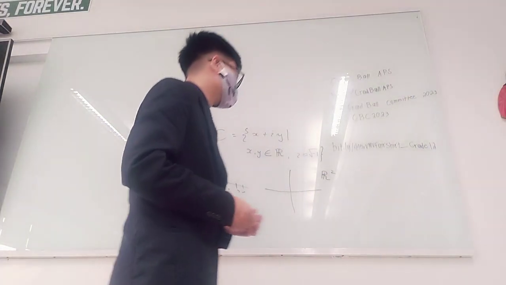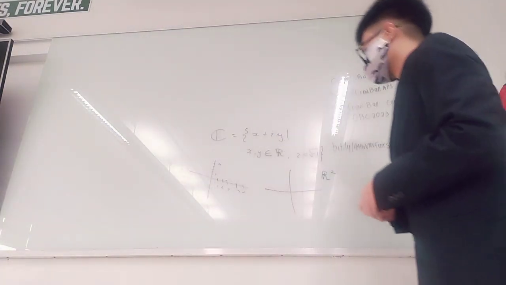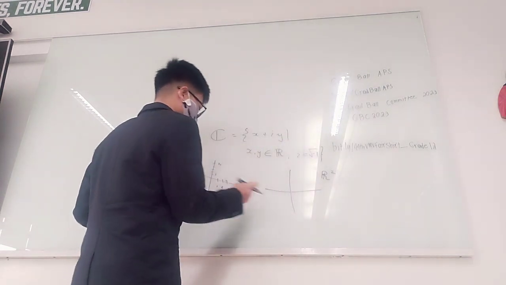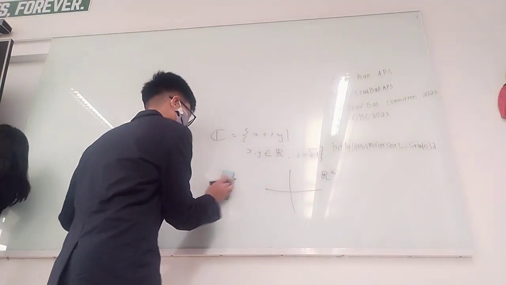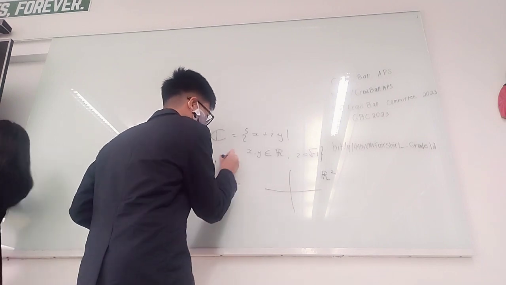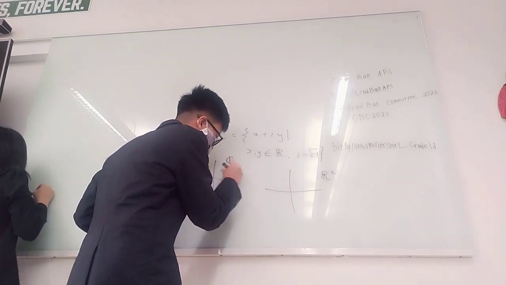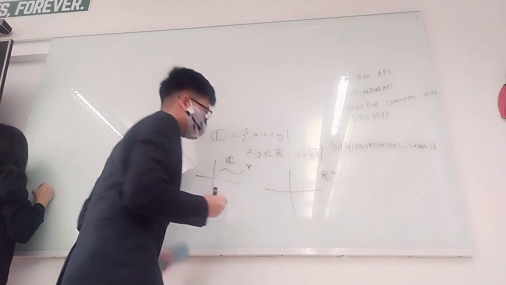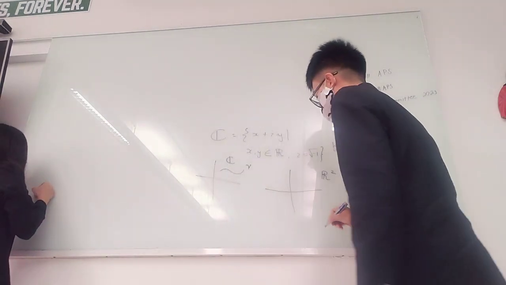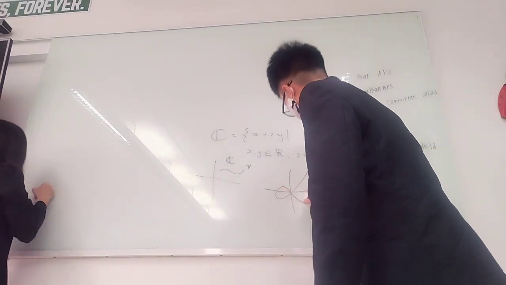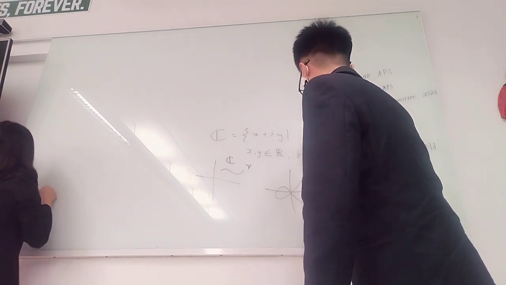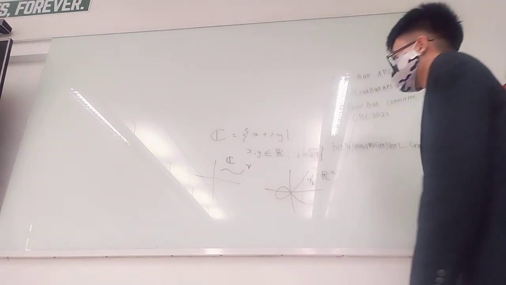C and R2. So if we make a curve in C itself, say like this, I'll call it gamma. And then I have another curve here, which I will also call gamma, but I'll name it gamma 2.